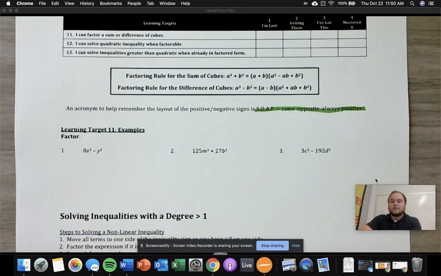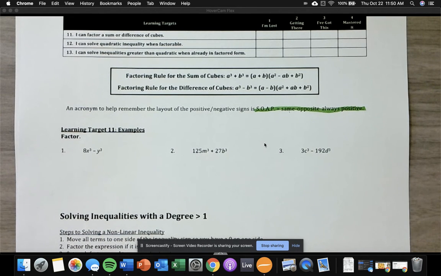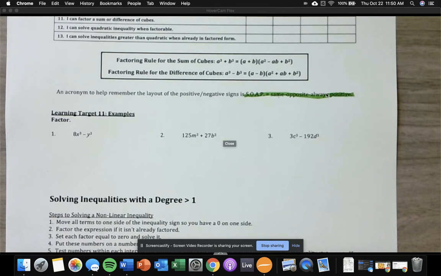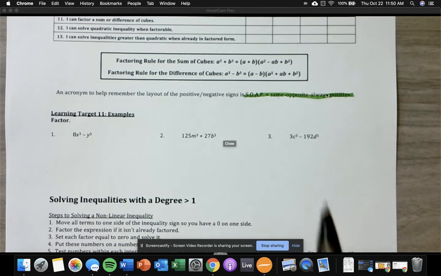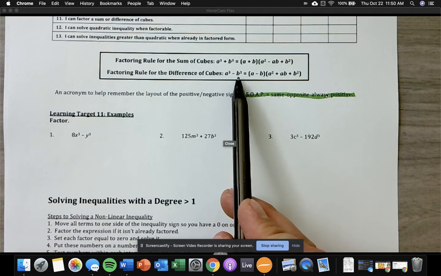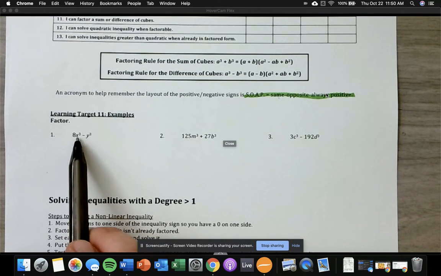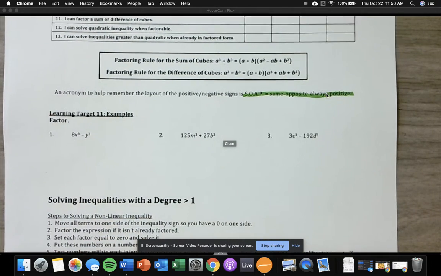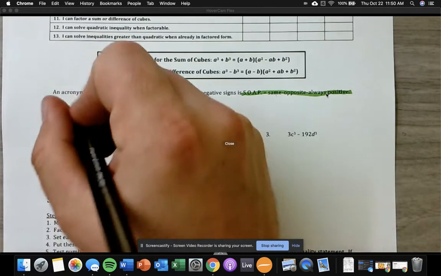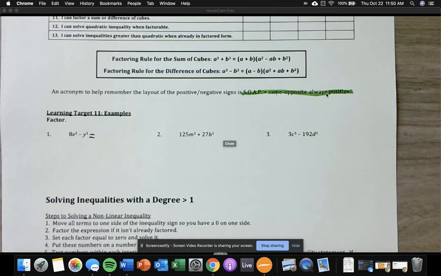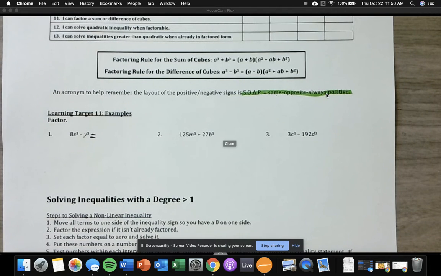All right, so let's look at an example. Let's look at number 1. We have 8x cubed minus y cubed. We know it's going to be a difference of cubes. We can clearly see this x cubed and y cubed, but the question is, what do we change this 8 into? Well, we can think of 8 as something raised to the third power.